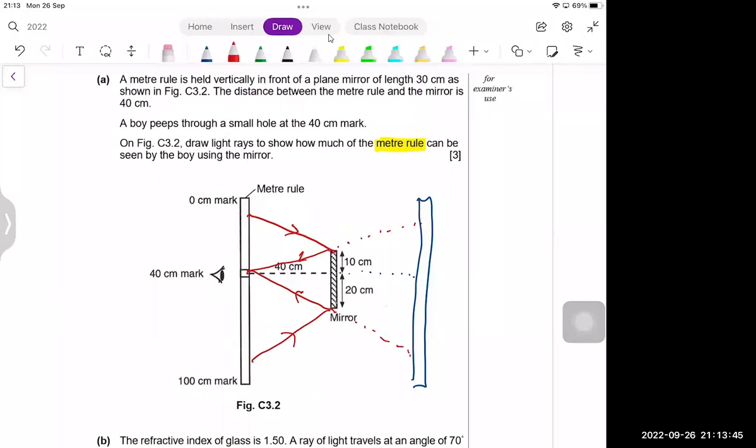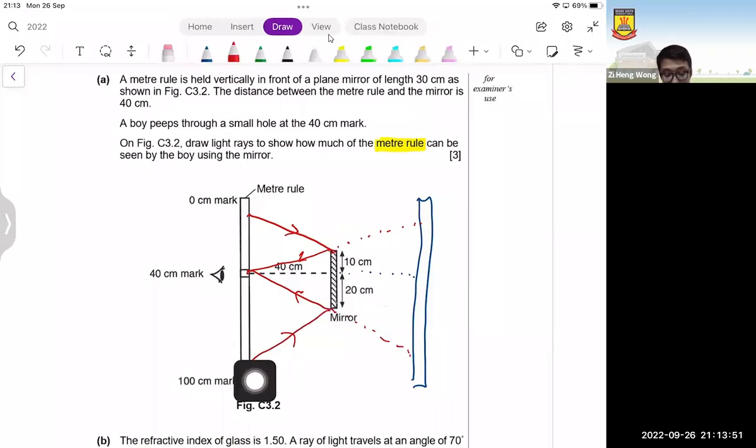Wait, I don't understand the part where you suddenly come from the end to the mirror, the last line you just drew. Okay, I take it as the same position as here. I'm just sketching, but it should be the same, because when you are looking at the image, basically you are seeing the reflection of the object. If you are seeing this point, I go to the exact same point across.